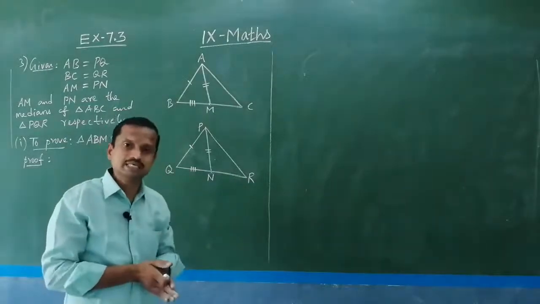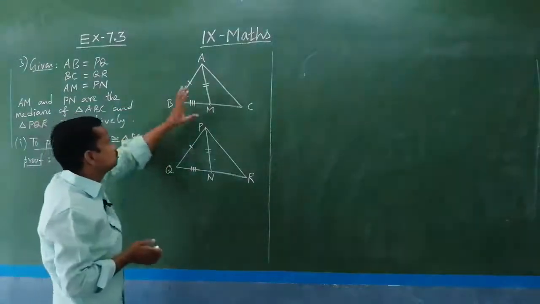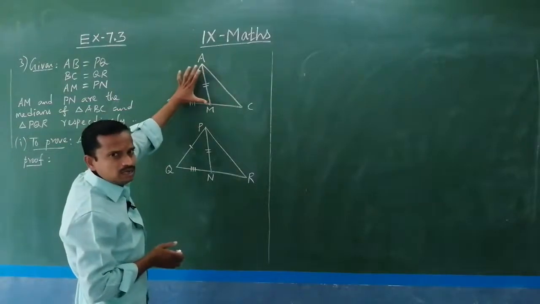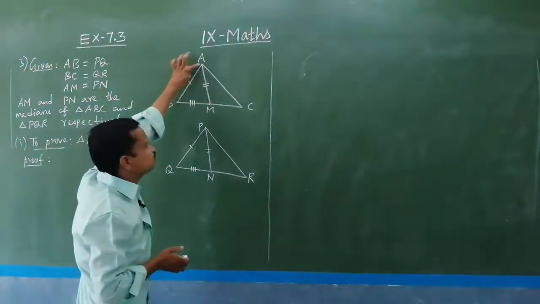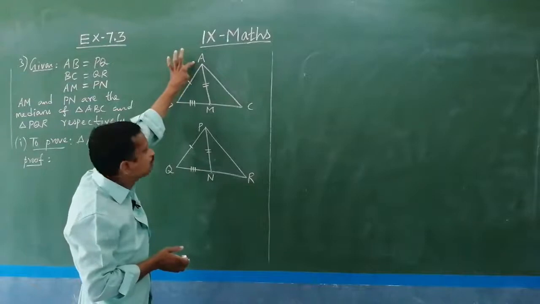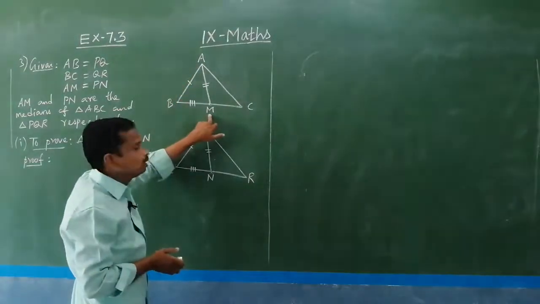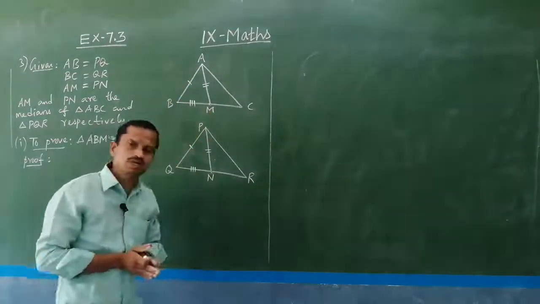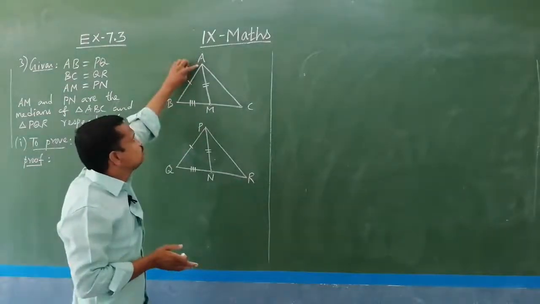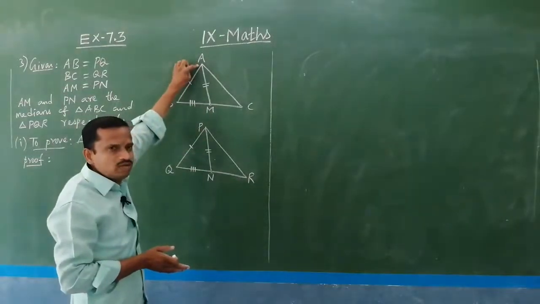Whereas median is also a line segment joining a vertex of a triangle, here A, to the midpoint of the opposite side. Clear? So, if you take vertex A, what is the opposite side of A?